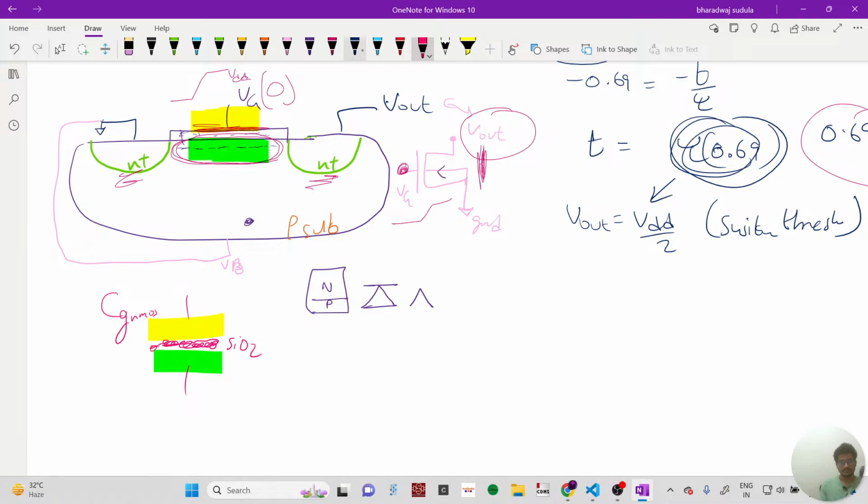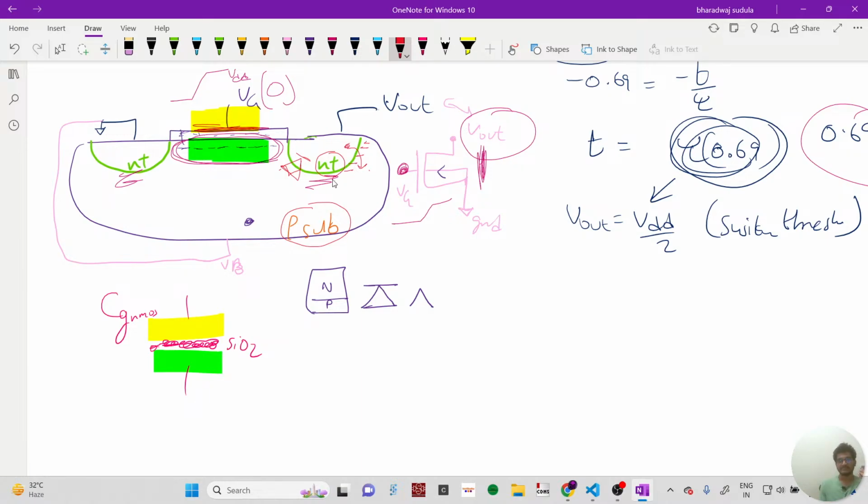And again, if you observe, this is P substrate and this is N plus diffusion. And at normal, like at room temperature, we can observe diffusion, right? There will be some diffusion current where electrons will jump from N diffusion to P substrate and make ions, right?